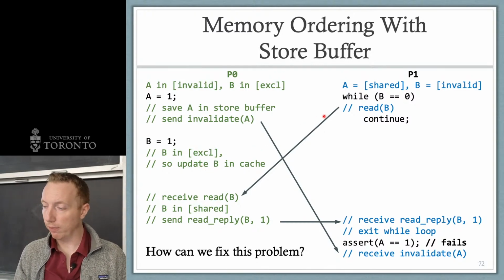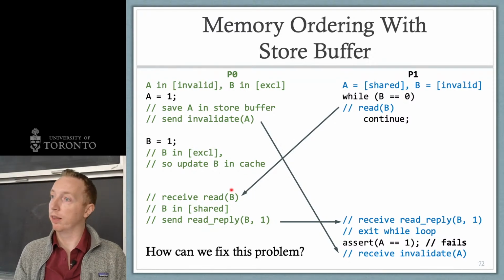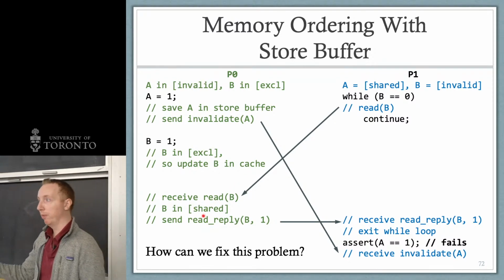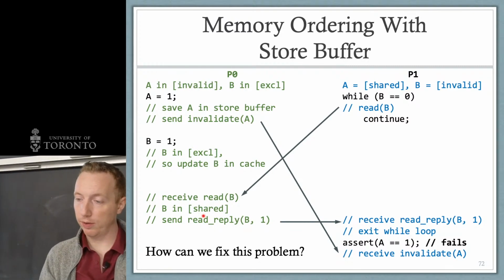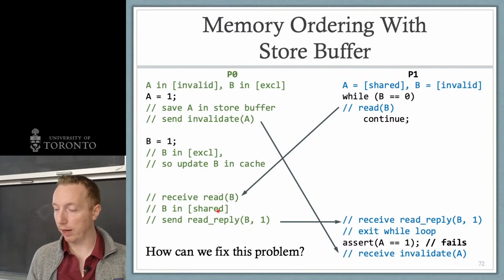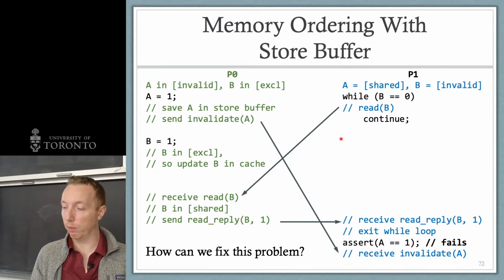then whenever the other thread tries to read, then it would read B. It would force it to write it out to shared memory, and then it would go in the shared state, and then we would go ahead and read that value of 1.